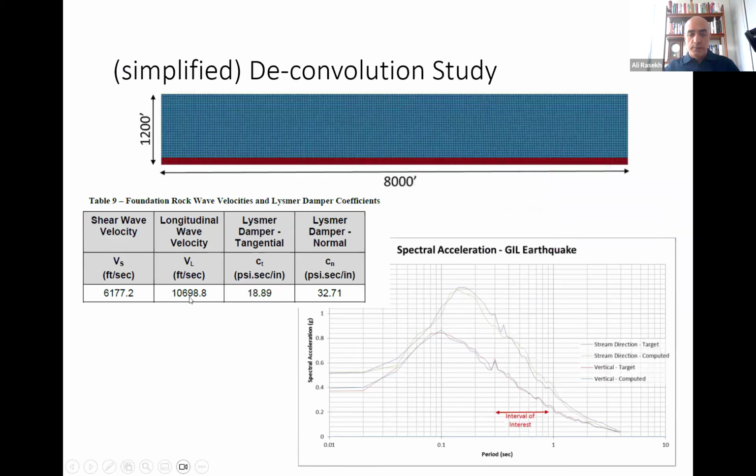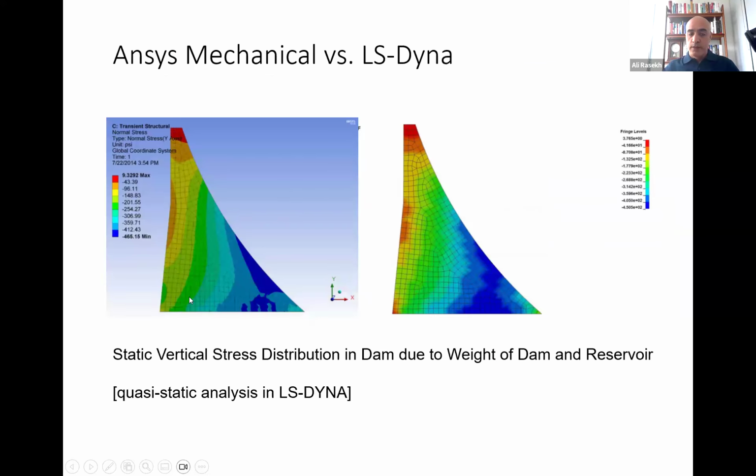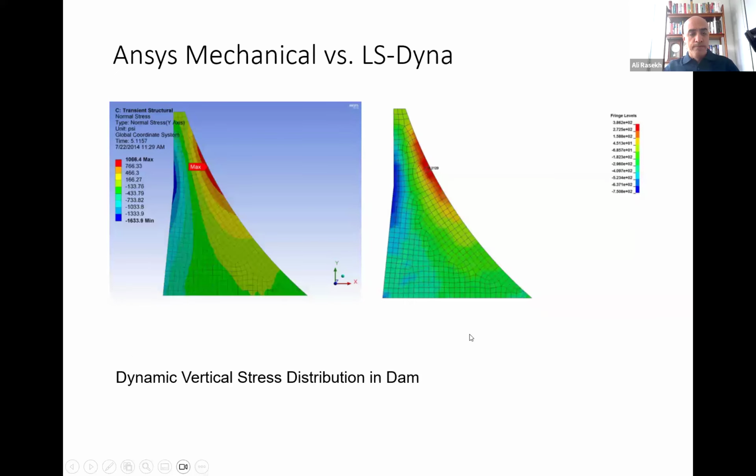So let me show some of the results because I don't have time to go through every slide. This is ANSYS, as I remember, and this was the LS-DYNA. ANSYS was massless foundation. LS-DYNA is massed foundation. The static solution matches. They use different strategies, but the static solution matches, so that's a good verification.